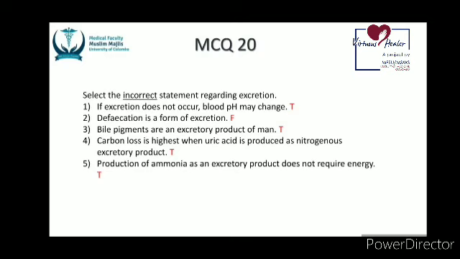But in some animals, ammonia will be converted to urea or uric acid, or sometimes both, and this conversion of ammonia to urea or uric acid will require energy. And therefore, production of ammonia as an excretory product will not require energy, and our fifth statement will be true. So the incorrect statement in question number 20 will be the second statement.